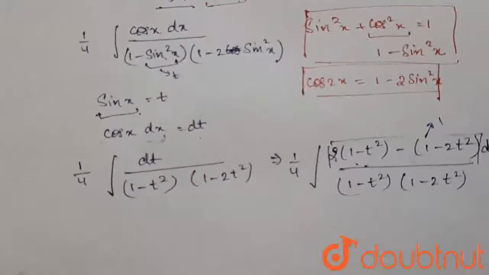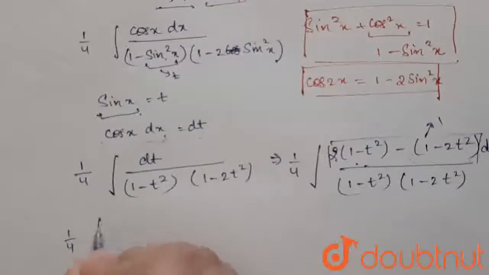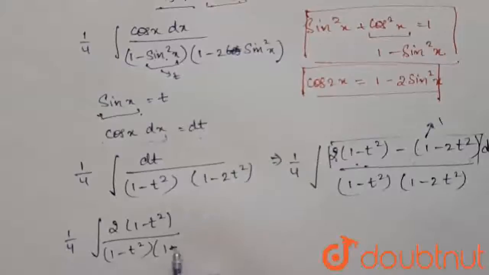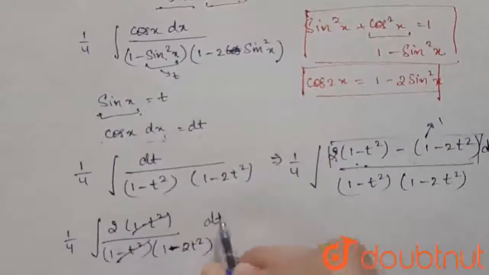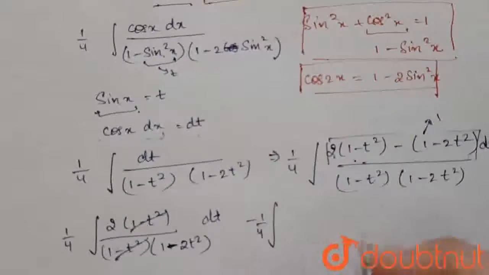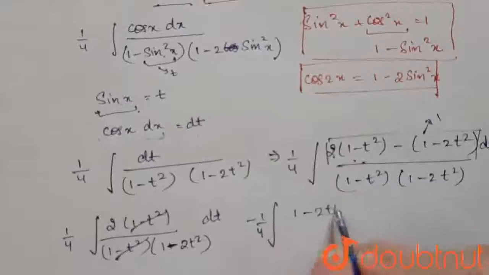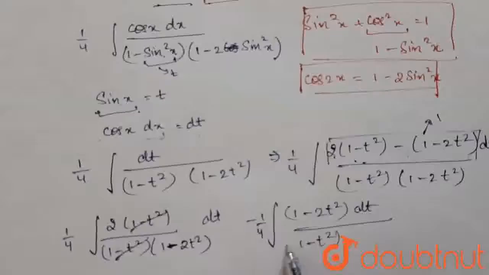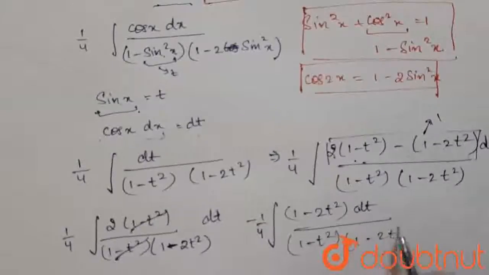Now what we are going to do, we will solve this. 1 upon 4 integration of 2 times 1 minus t square upon 1 minus t square multiplied by 1 minus 2t square. This will get cancelled out here, dt minus 1 upon 4 times integration of 1 minus 2t square dt upon 1 minus t square 1 minus 2t square.